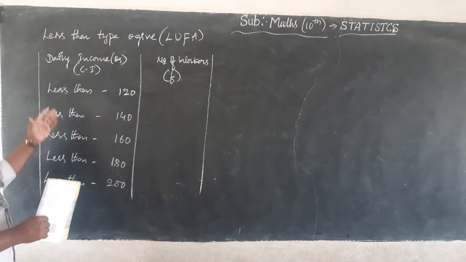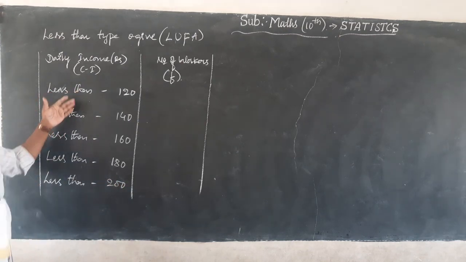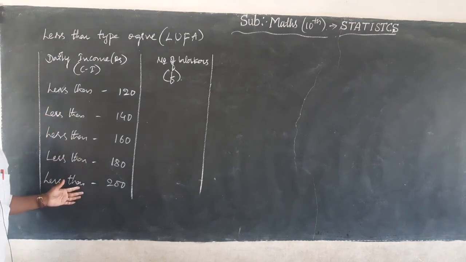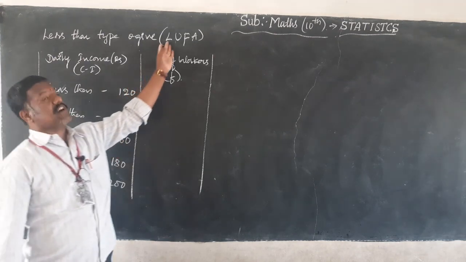Children, here I have taken the 5 class intervals, only the upper limits, as per the LUFA trick.